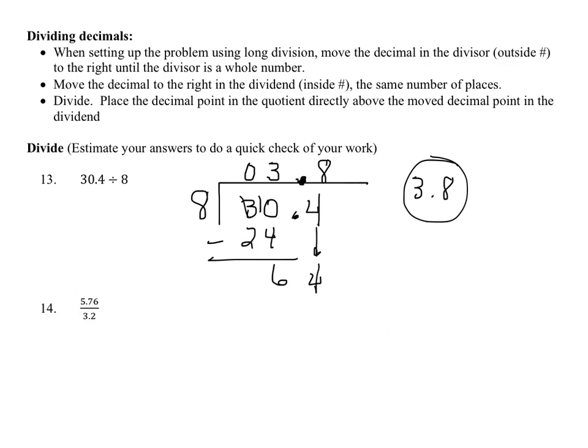Now if we do an estimate, 30.4 is closer to 30. And 30 divided by 8 doesn't come out evenly, but 32 divided by 8 is exactly 4.